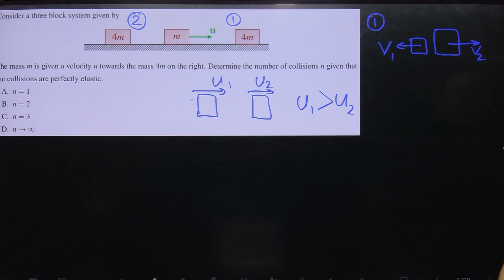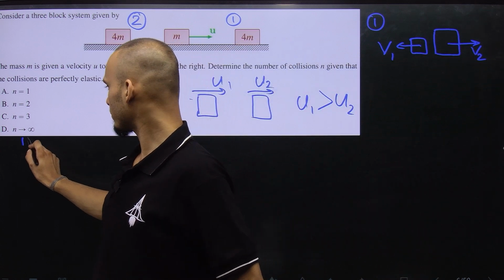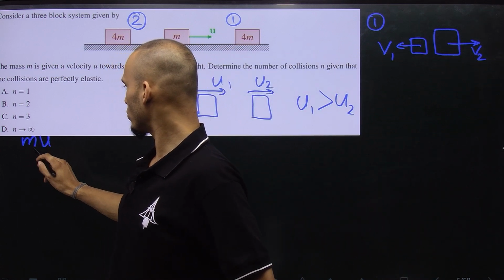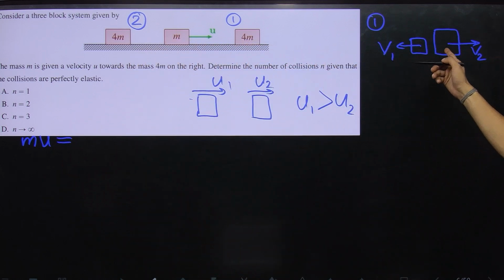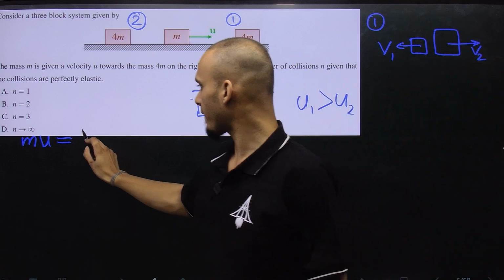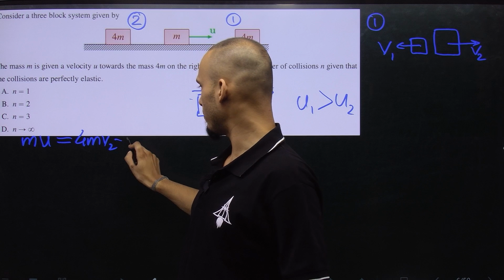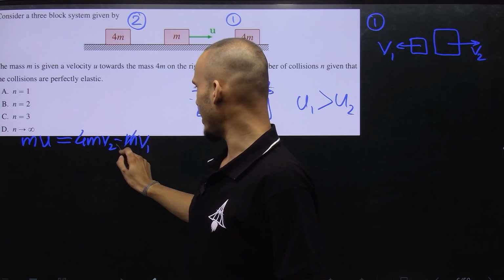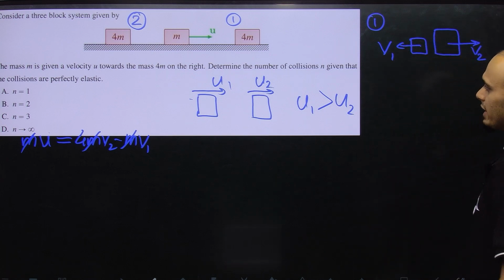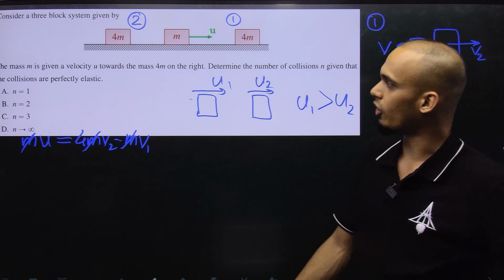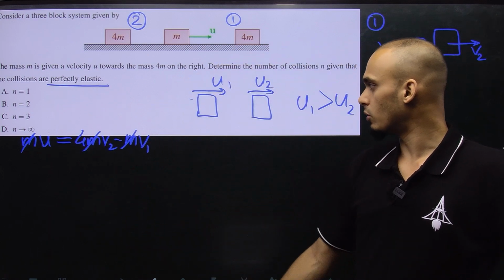Now, if we conserve the momentum in the left direction, we get m into u, which was the initial speed, to be equal to 4m into v2 minus mv1, sorry. We can cancel m from all these sides just for convenience. And if we substitute the condition for an elastic collision, we know velocity of separation should be equal to velocity of approach.